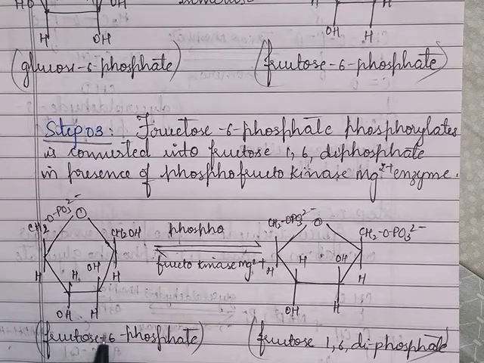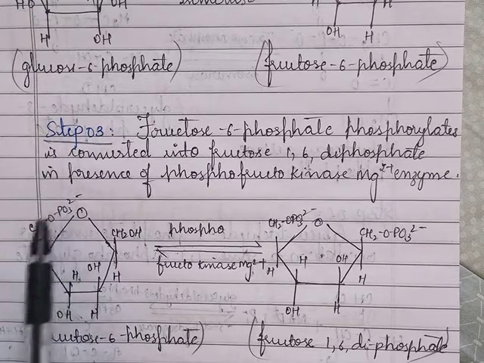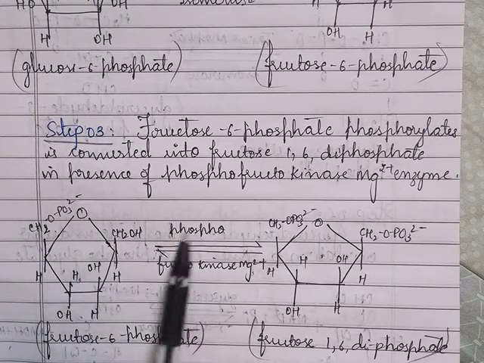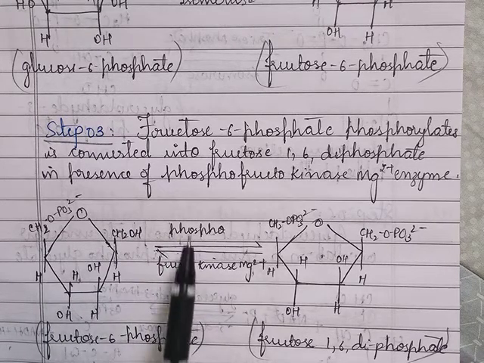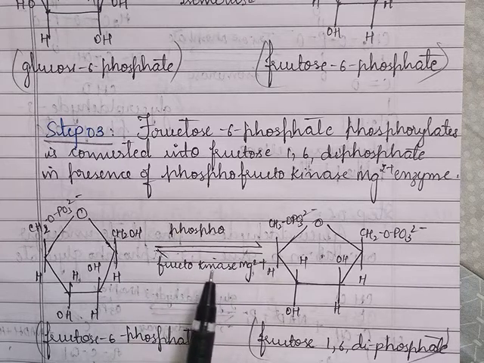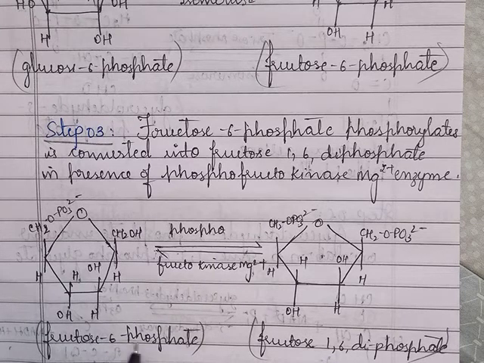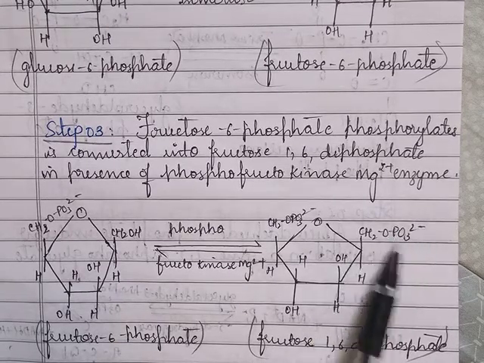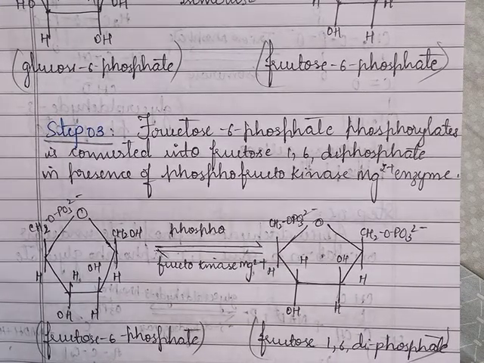Fructose 6-phosphate has only one phosphate group at the 6th carbon atom, so it gets further phosphorylated. After phosphorylation, the monophosphate is converted into a diphosphate, and fructose 1,6-diphosphate is formed. This is step number 3.